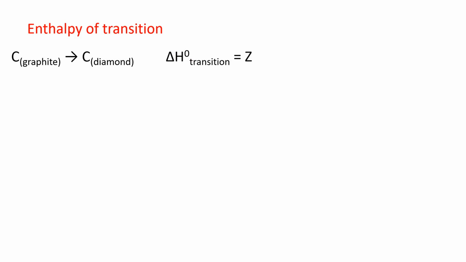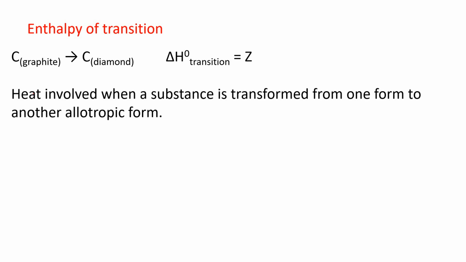It is the heat evolved or absorbed when 1 mole of this allotrope is converted to another allotrope in the standard condition, that is 1 atmosphere pressure. So, heat involved when a substance is transformed from one form to another allotropic form, that is enthalpy of transition.